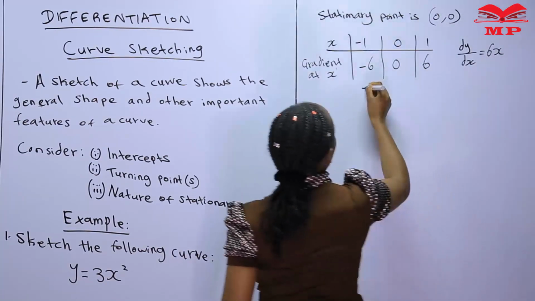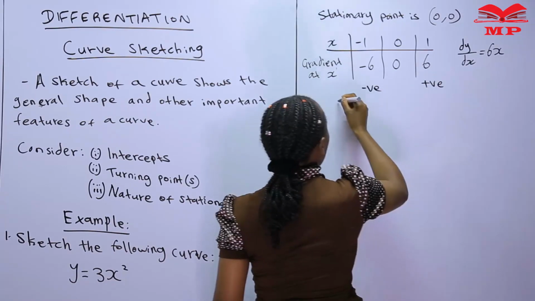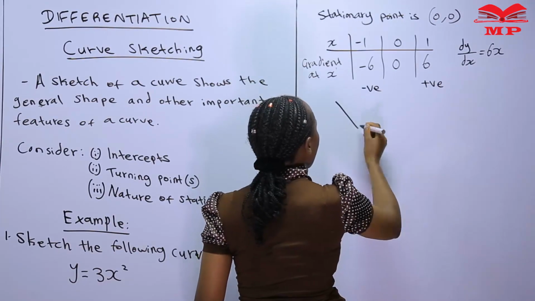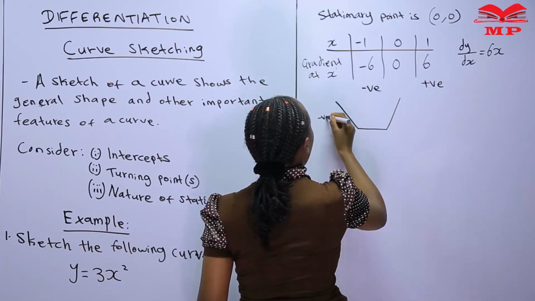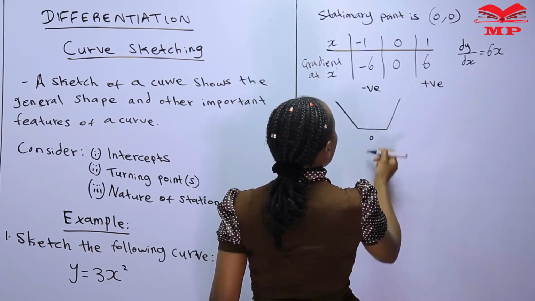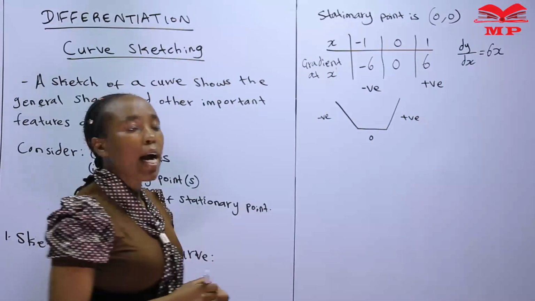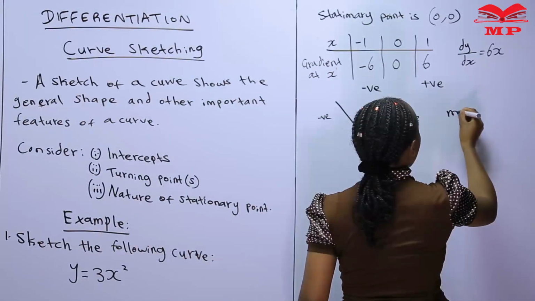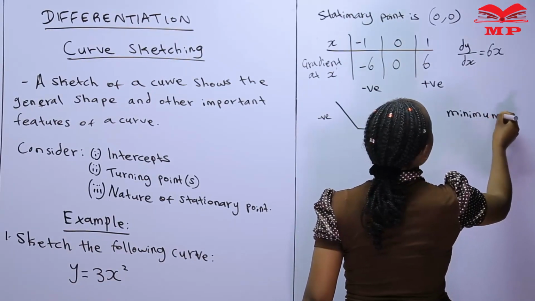So we have negative, then we have 0, then positive. This is negative gradient, this is 0 gradient, this is positive gradient. And therefore, the turning point, or the stationary point, should be a minimum.